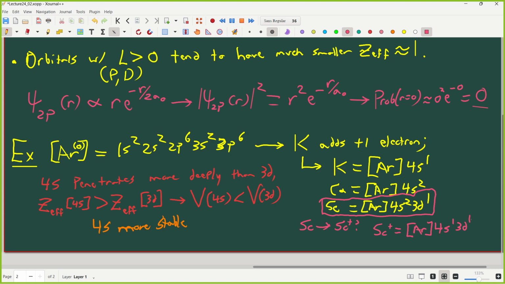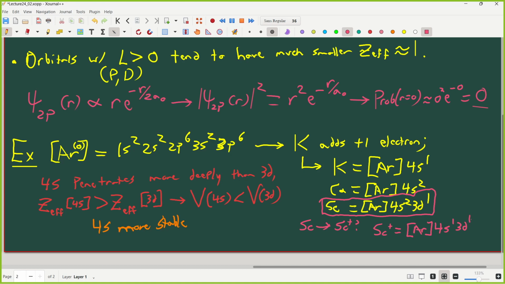Isn't that strange? That seems to be the opposite of what you would expect. You would expect the 3d's to fill first, so they would leave last. But when that 3d electron comes in, when you go from calcium to scandium, it affects the shielding. It shields the 4s electrons. This is very interesting: the 3d provides some additional shielding to the 4s electrons, which reduces the effective charge the 4s electrons feel in scandium.